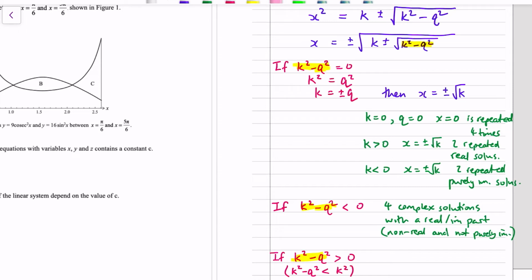And if I go up to the structure of my solution here, that square root there, if k squared minus q squared in yellow is less than k squared, then when I square root it, I get something that's less than k. And so I've got k plus or minus something less than k when I consider this whole thing as a whole.